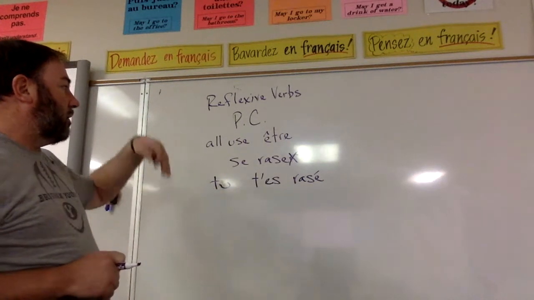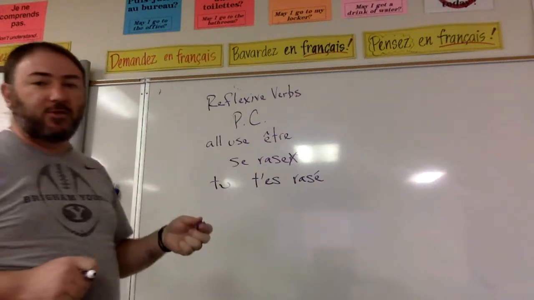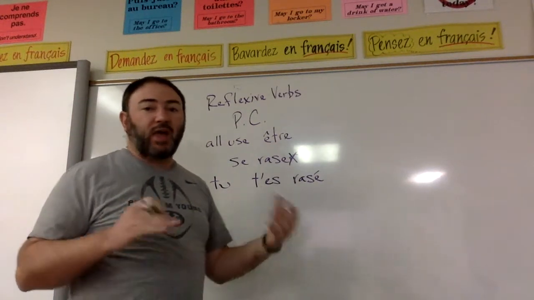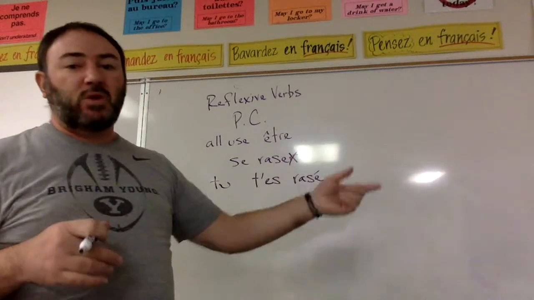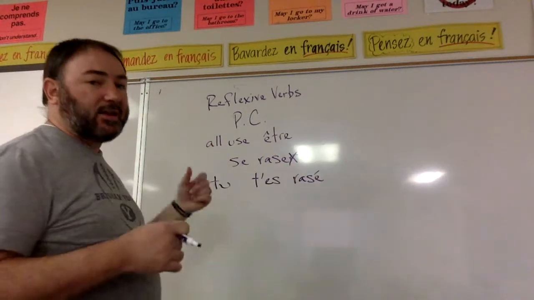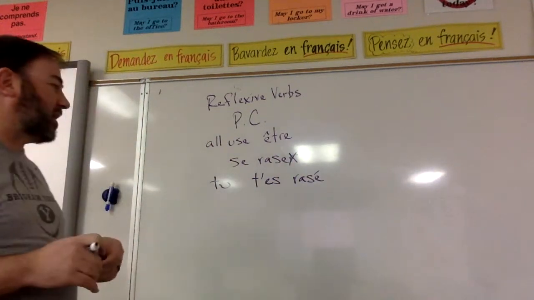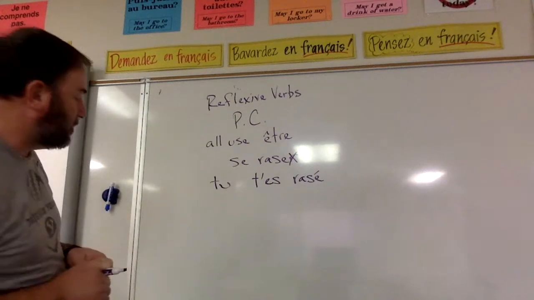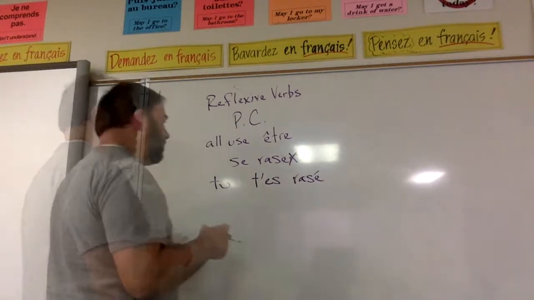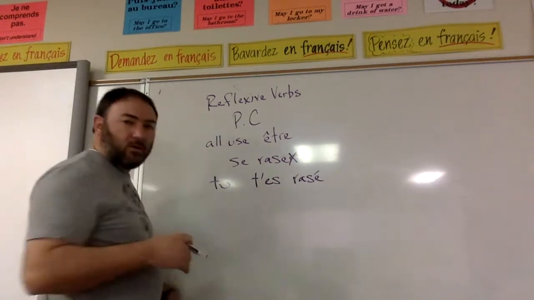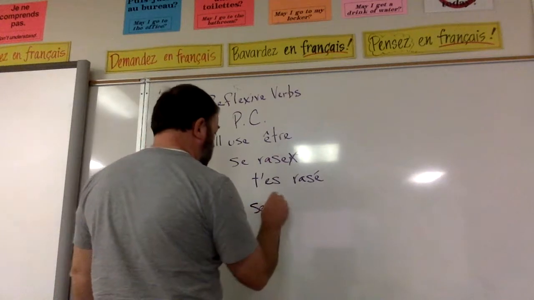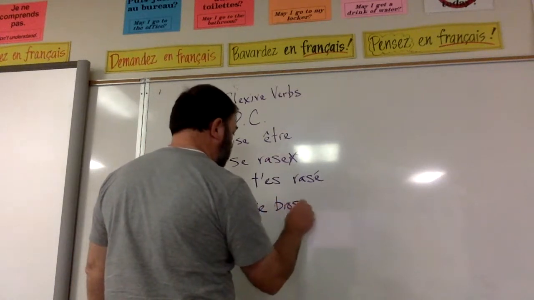Now, because all reflexive verbs use être in the passé composé, that means you have to make agreement between the past participle and the subject. So let's take another verb and do an example with that. Okay, so our verb that we're going to do here is se brosser.